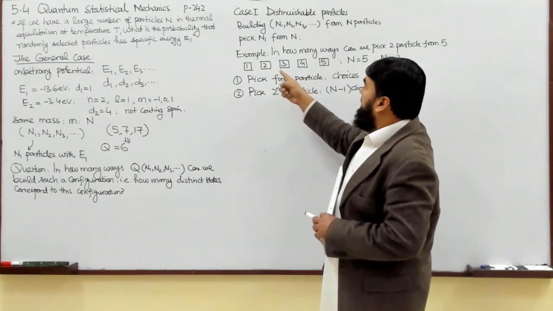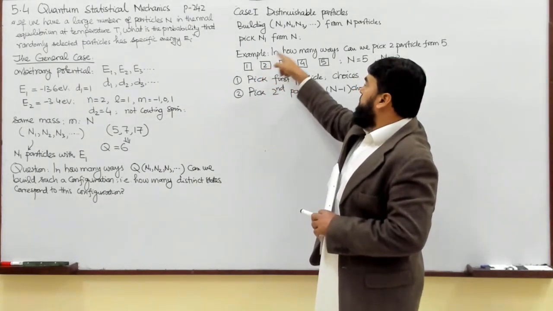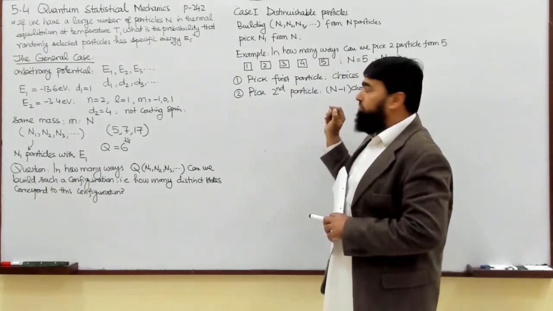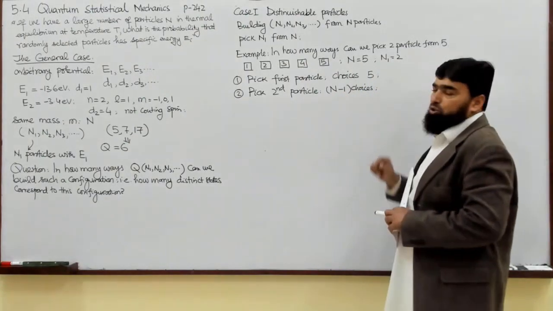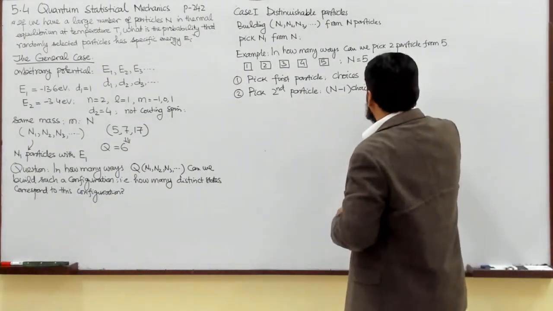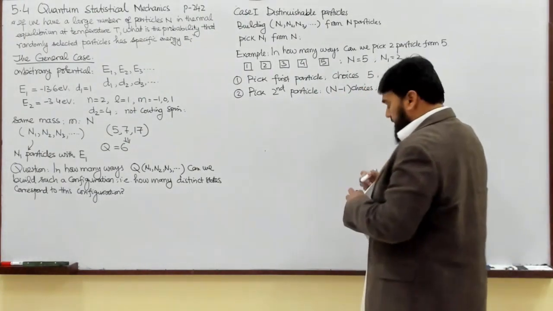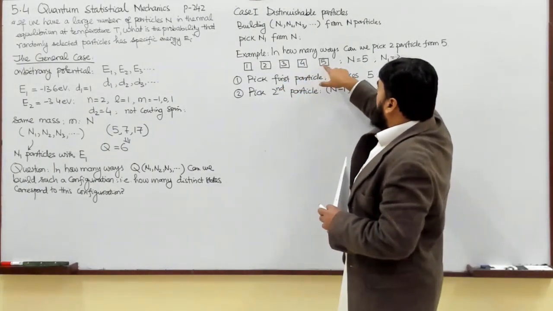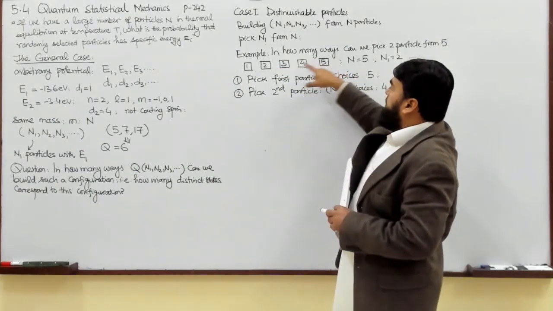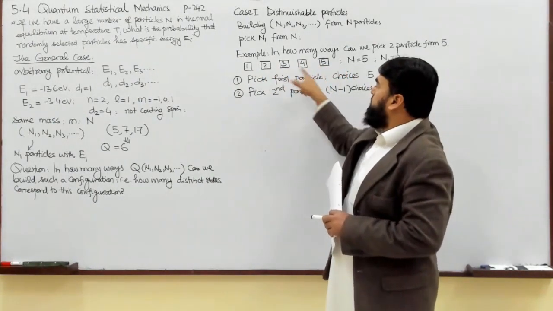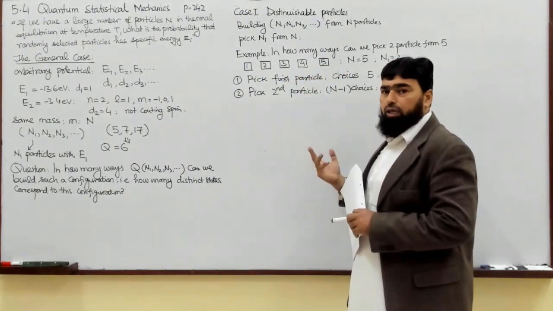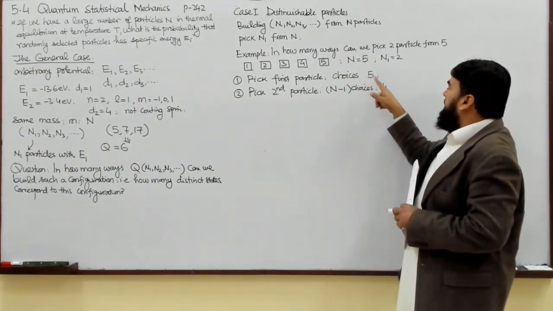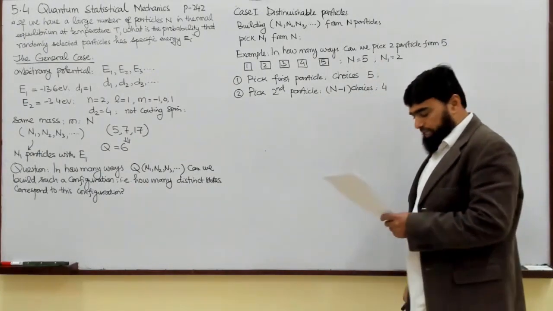Or I can pick 2 with 1, 2 with 3, 2 with 4, 2 with 5. So I have n minus 1 choices, which here means 4 choices. Or 5 with 1, 2, 3, 4. In all the cases I have 4 choices, 1 less than before.